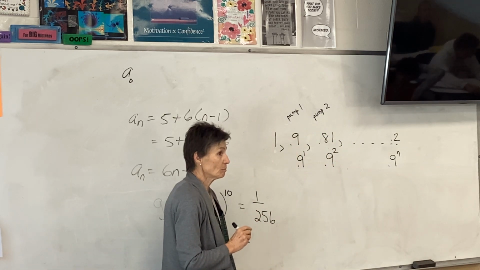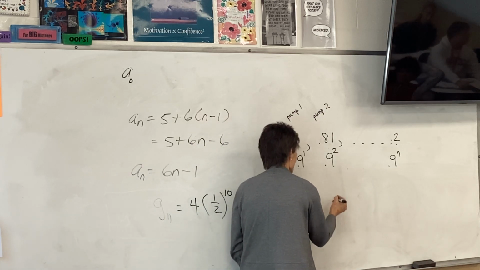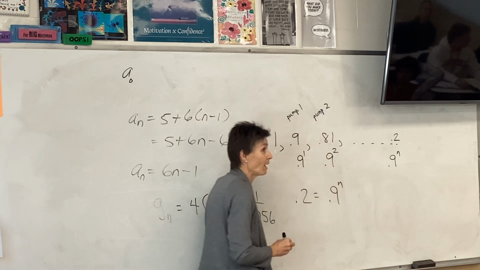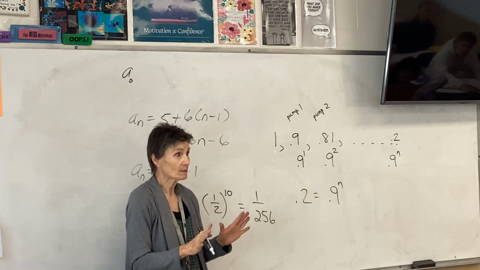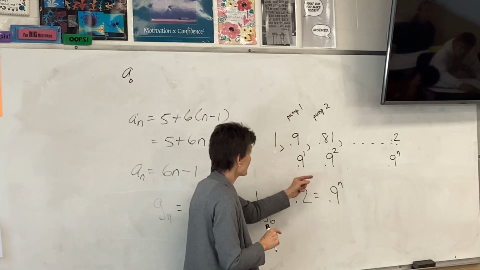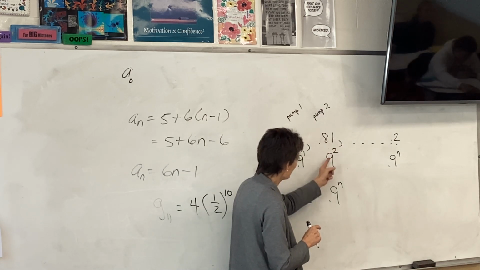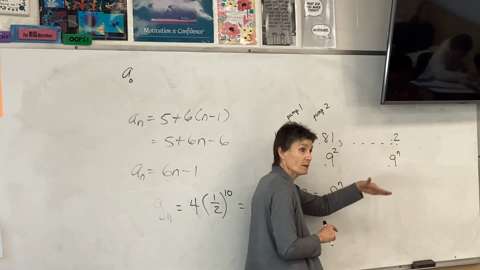Does that make sense to you? So 0.2 is 0.9 to what power? Isn't that basically what I'm trying to figure out? Think about it. The first pump is 0.9. Second pump is 0.81. So nth pump needs to be 0.2.